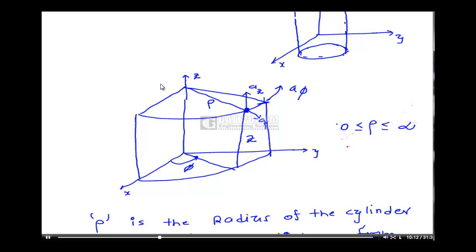So 0 ≤ phi ≤ 2 pi. That is the range of phi. Z is minus infinity < z < infinity. So this is the range of the values, which is very, very important to solve problems.